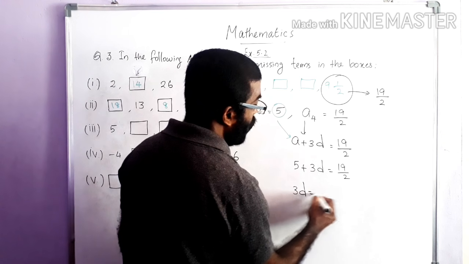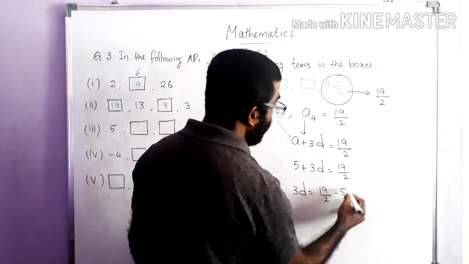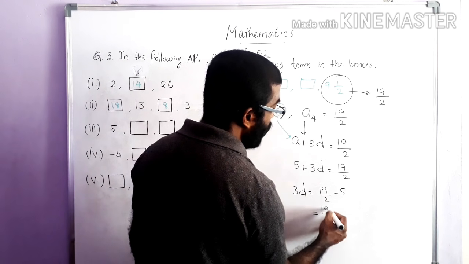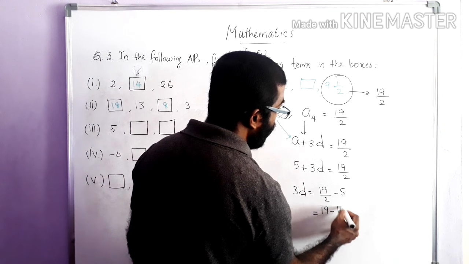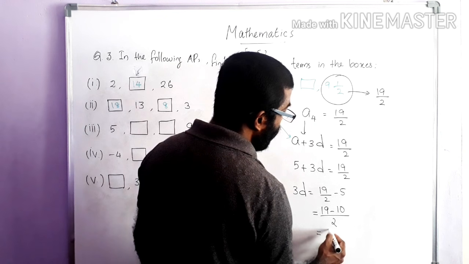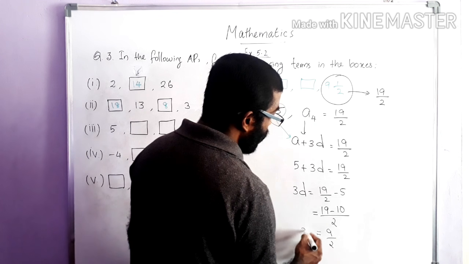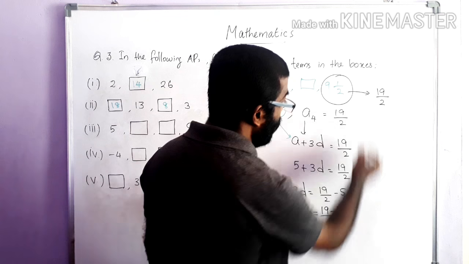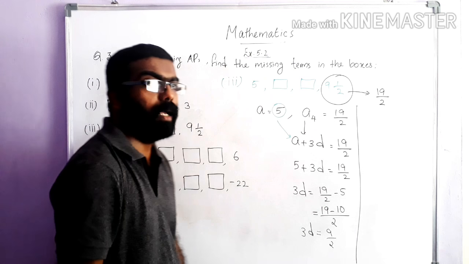And 3D is equal to 19 by 2 minus 5. On cross multiplication, we get 19 minus 2 5s are 10, divided by 2, which will be equal to 9 by 2. That is, 3D is equal to 9 by 2.